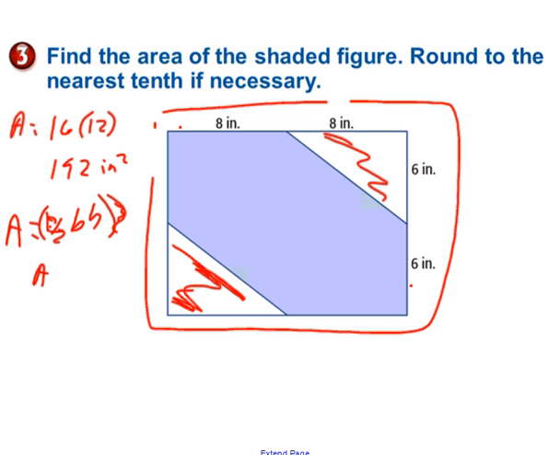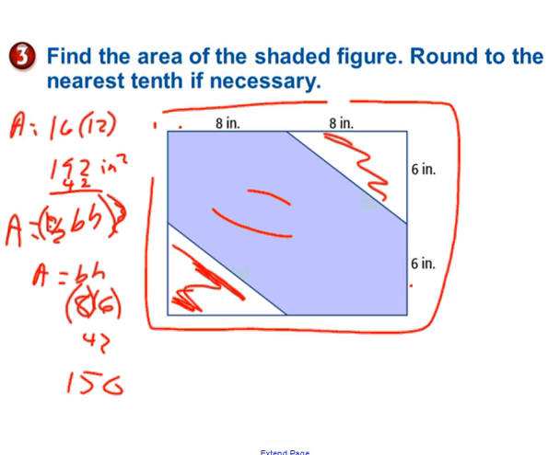So the area of those two triangles is base times height. And it would be 8 inches times 6 inches. 8 inches times 6 inches is 48. 48 from 192 leaves 144. So the shaded region here has an area of 144 inches squared.